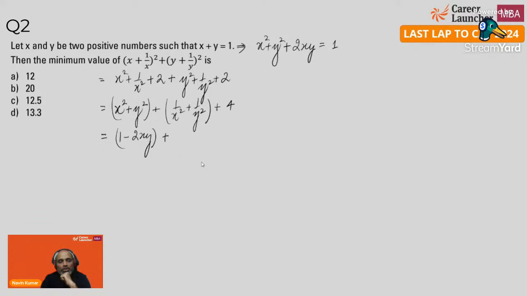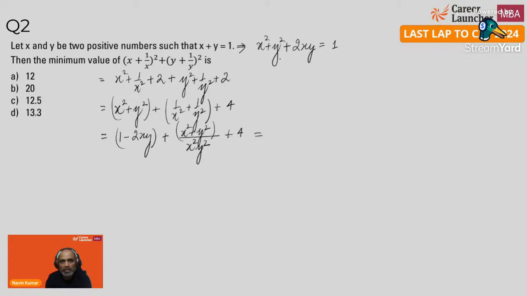So will this substitution help? Chalo. So if we take the denominator LCM x square y square, we will have x square plus y square again in the numerator, and then we will have a plus 4.